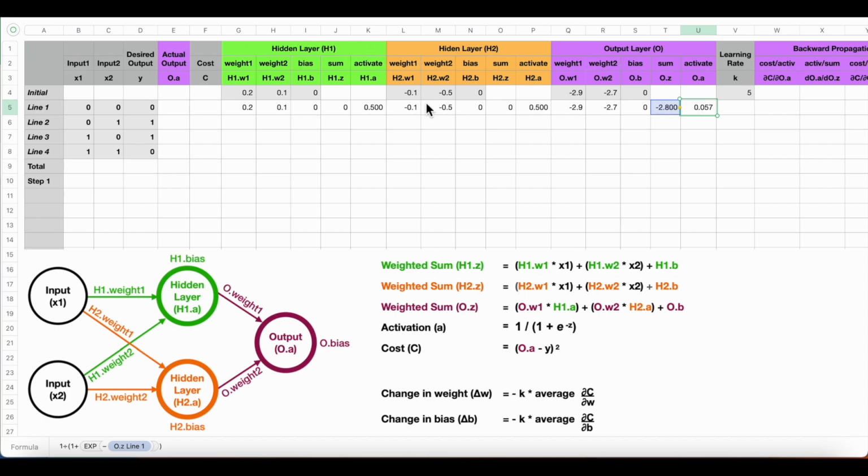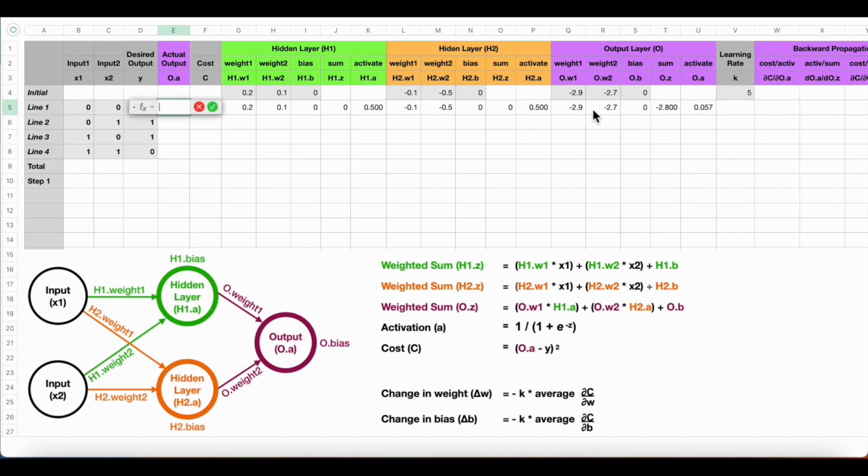You notice that I left column E blank initially, and that's because I'm going to replicate the output activation in this column, so it's easy to compare to the desired output Y that we want as we scroll through our spreadsheet.